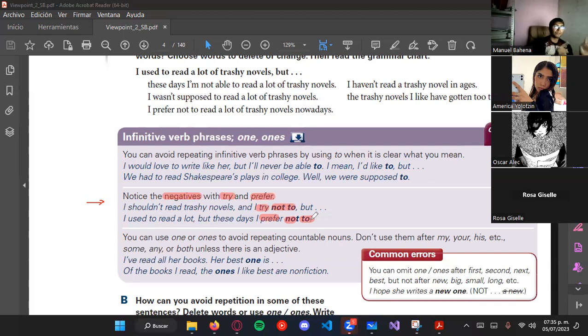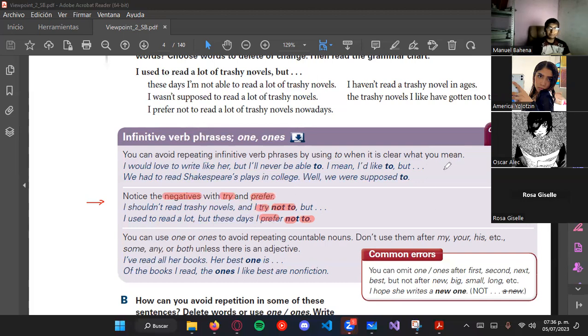And the same goes for the other example. I used to in past, yo solía read a lot, leer mucho, but these days I prefer not to. Pero estos días, o en estos días, prefiero no hacerlo. I prefer not to. Okay? Yes, guys?